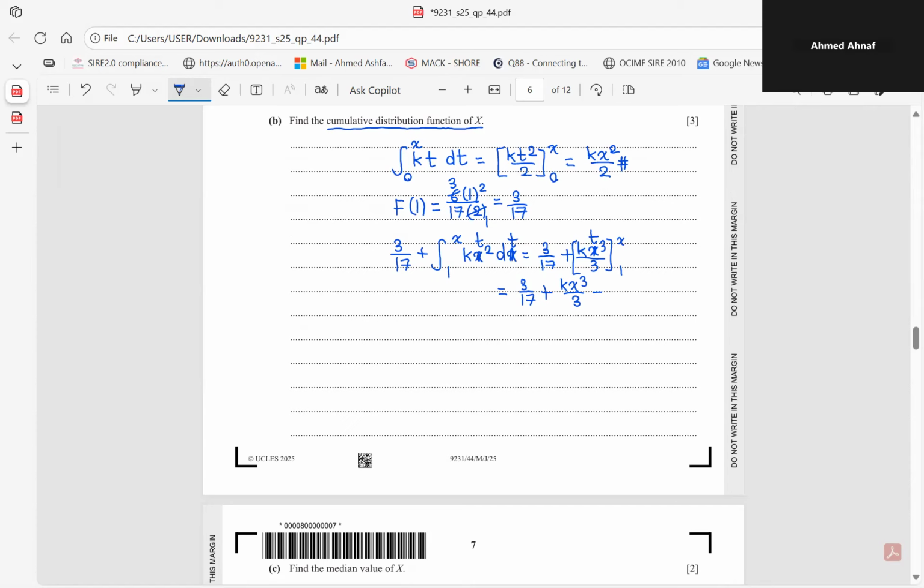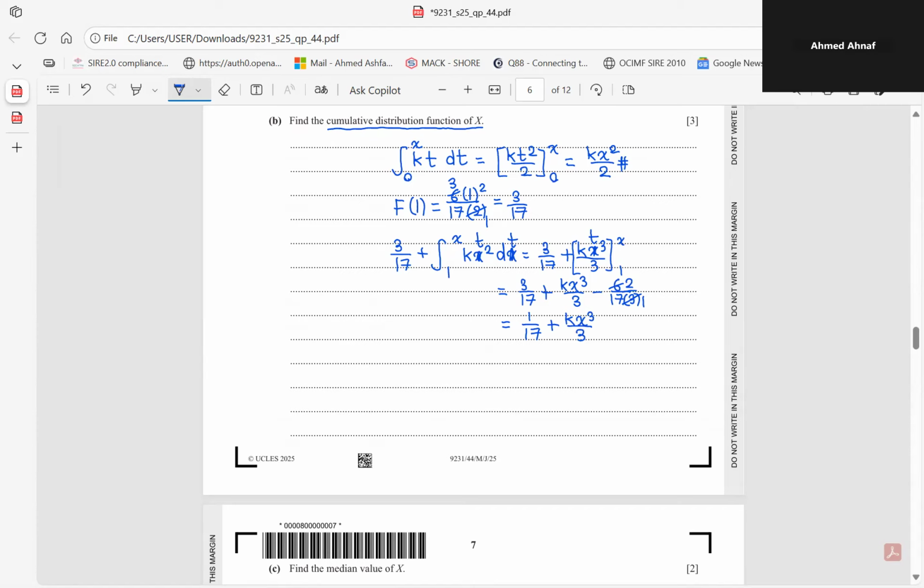Yes, k is obviously 16 over 17. So that is 16 over 17 times 3. And then you would get 1 over 17 plus kx cubed over 3.